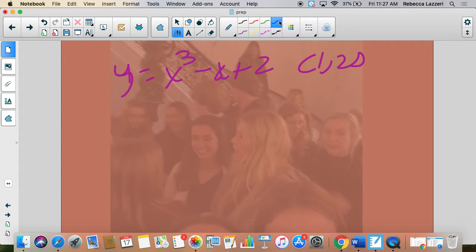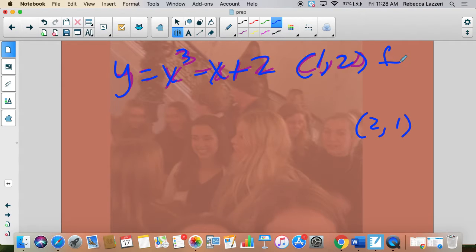Can y'all see that okay? I make note to self that when I find the inverse, it immediately becomes 2, 1. This is my original, and this is whatever notation you're using for your inverse.